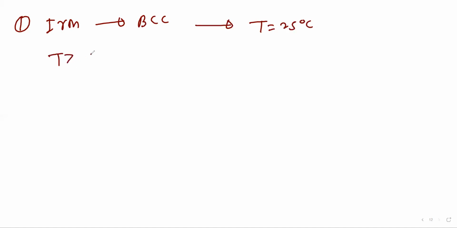Now see the first point. Iron exhibits BCC structure at room temperature. So iron follows BCC at room temperature, say 25 degrees Celsius. Above 900 degrees Celsius it transforms to FCC.